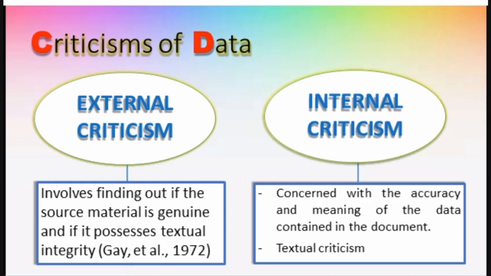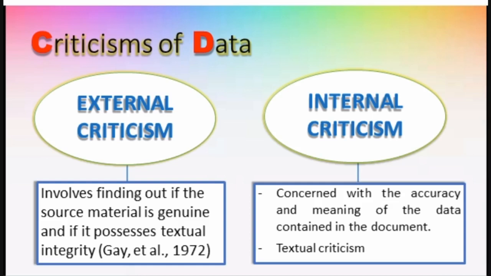Internal is concerned with the accuracy and meaning of data contained in the document. Whatever I have given in the text, is that actually correct? Is that source genuine? Because I have taken it from some original sources like NET. Sometimes there might be printing errors and the source might be wrong also. Instead of 1910, I might have typed it as 1970. See, it points out the questions about accuracy, right?